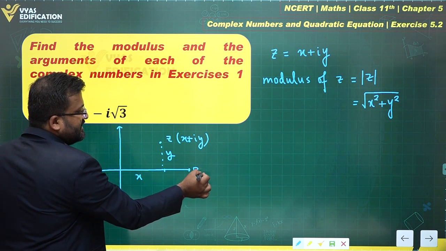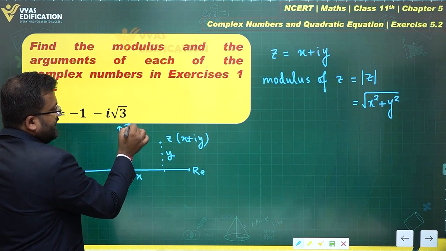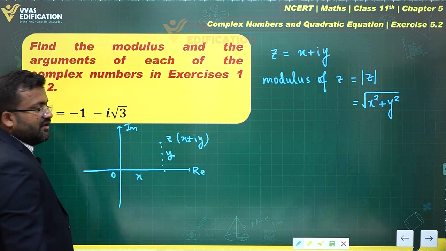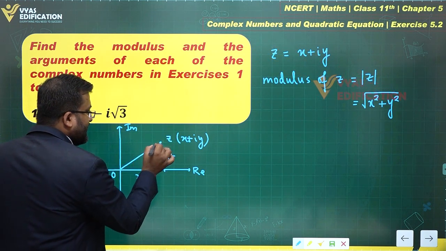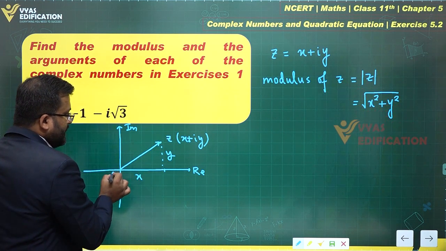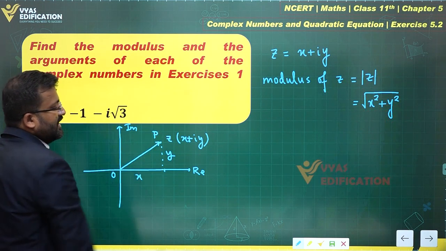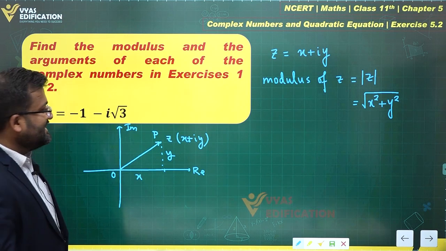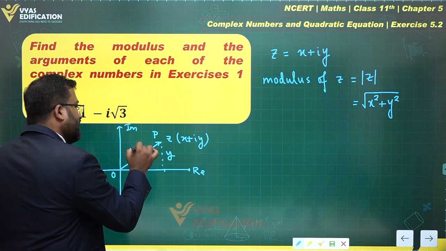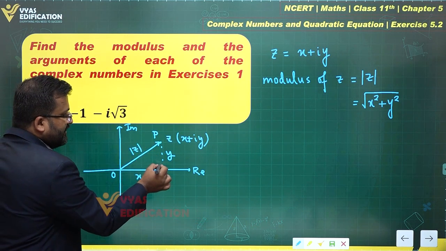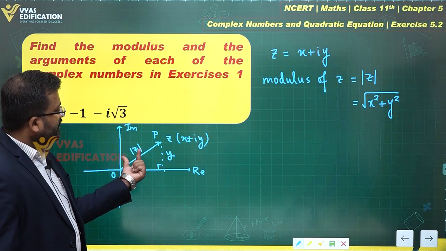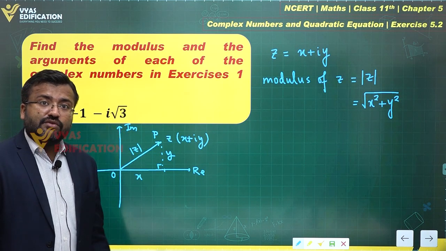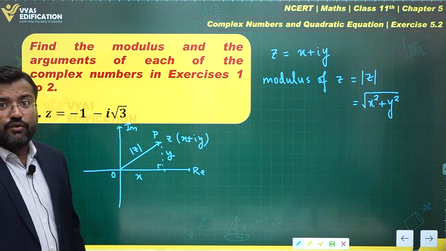This is the real axis and this is the imaginary axis. This is the origin over here. So modulus of z basically signifies this distance from the origin to this point P. This is mod z. As you can clearly observe, this is a 90-degree angle, and the square root of x squared plus y squared will give me the length of this hypotenuse over here.